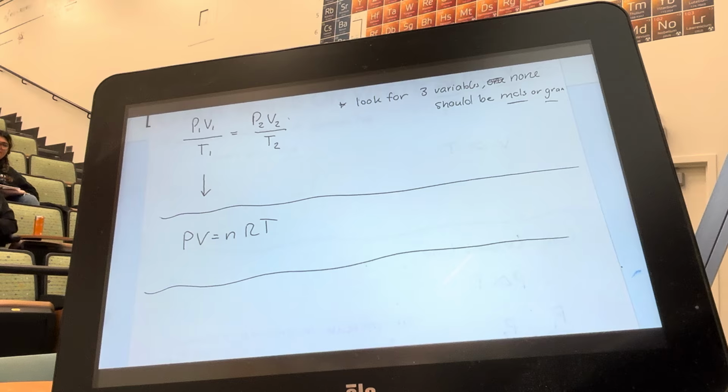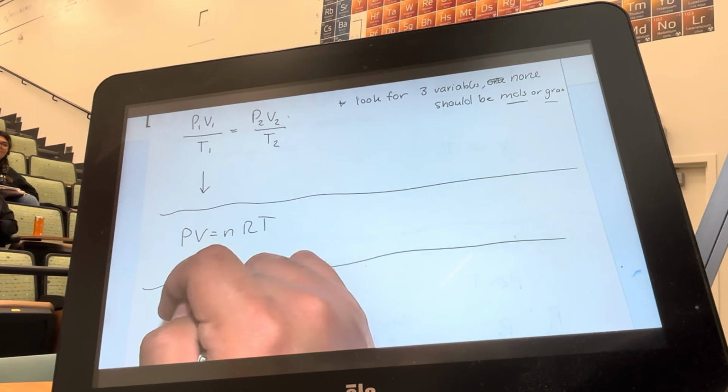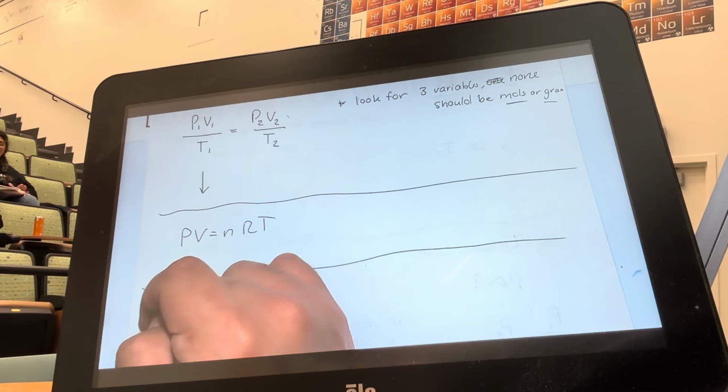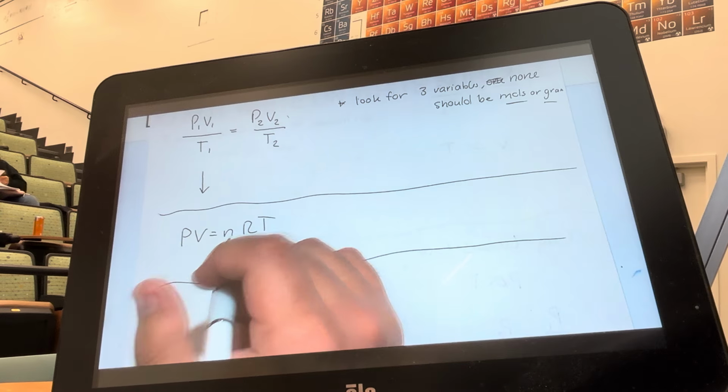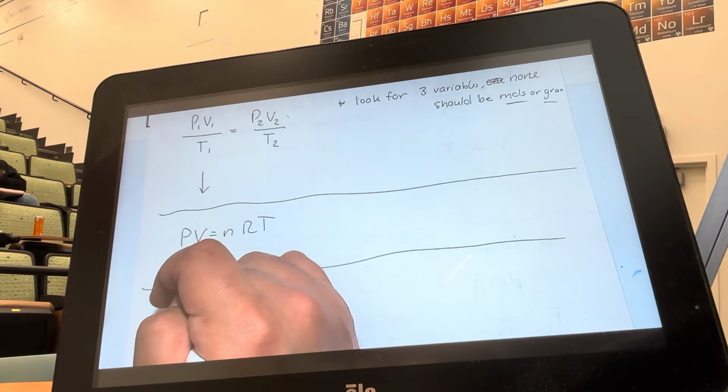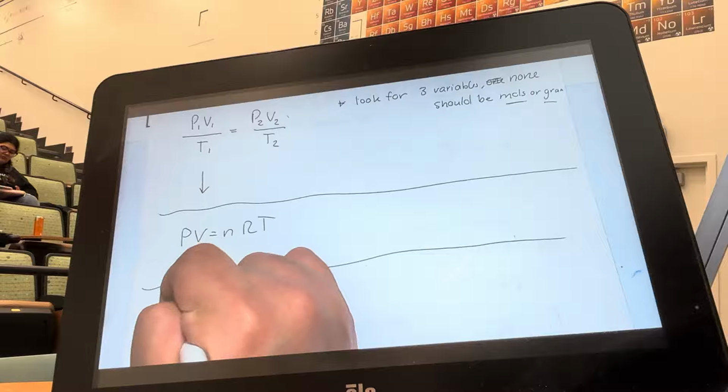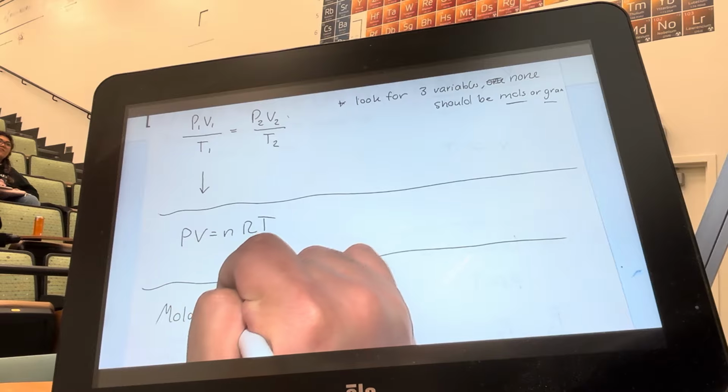All right, so that's the ideal gas law. Now this is a really tricky little one. I don't personally like these, but I have seen it asked on exams before. This isn't necessarily a lecture thing, but more of a problem solving thing. There's this thing called the molar volume of a gas.